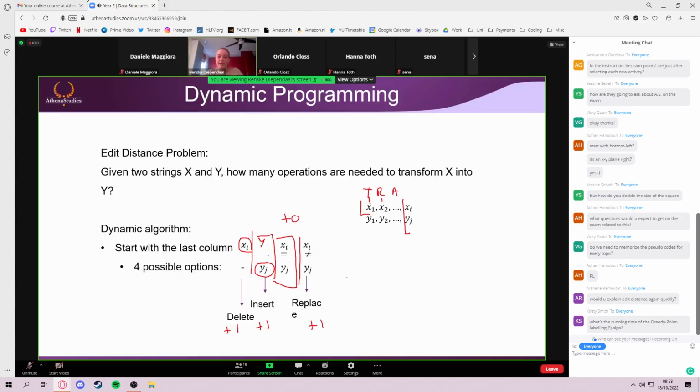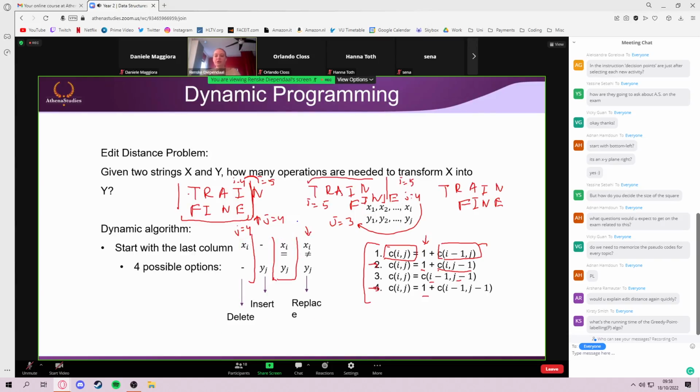If we do not have an x but we do have a y, we need to insert the y. If they happen to be the same letter, that's great, we don't need to do anything. And if we have two letters but they're not the same, we just replace the x with the y. So these three all take +1. Only in the case that they're the same, you don't need to do anything.